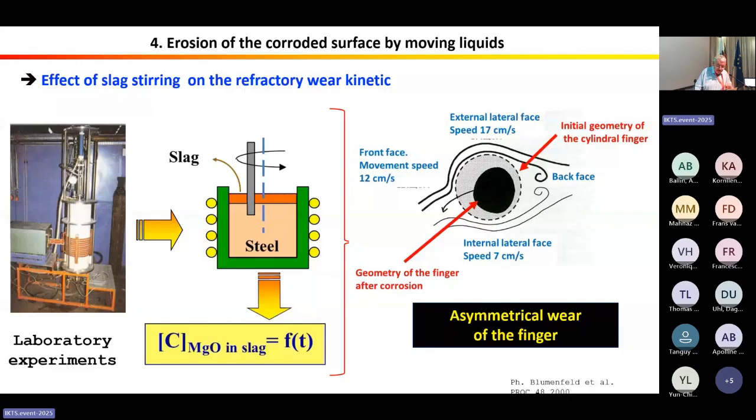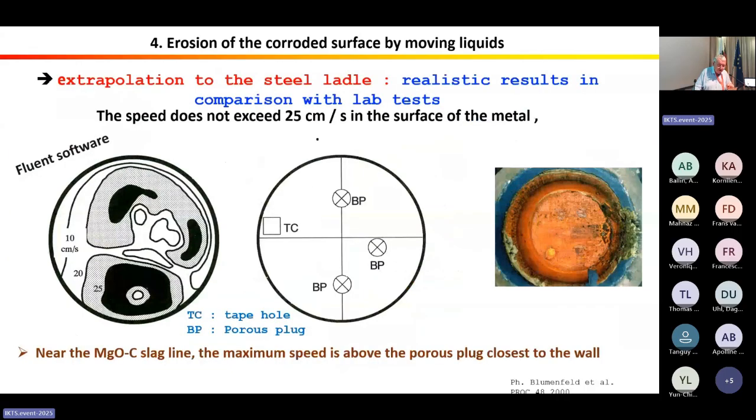But you can say that it's only a laboratory test. Look at what happens in industrial application. Here, we have an extrapolation of our lab test to a steel ladle, and we obtain realistic results in comparison with lab tests. First, the speed does not exceed 25 centimeters per second at the surface of the metal.